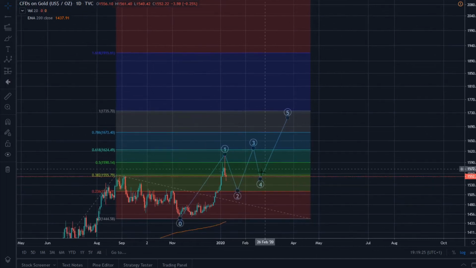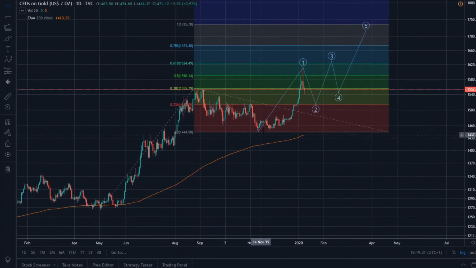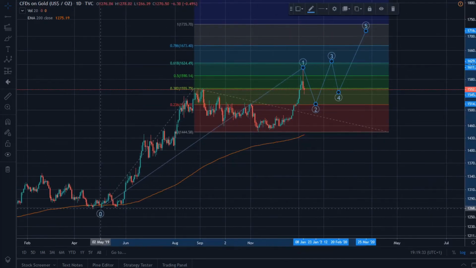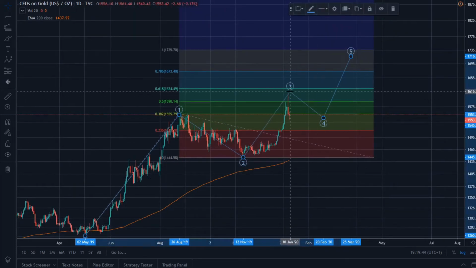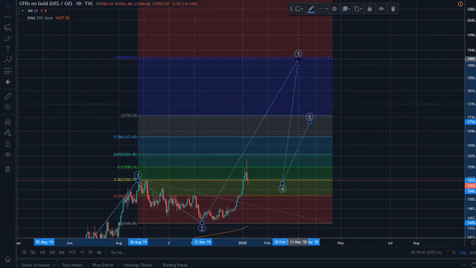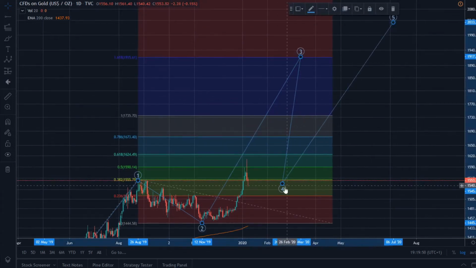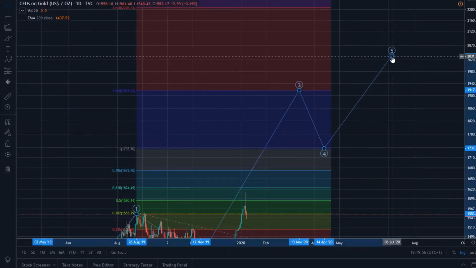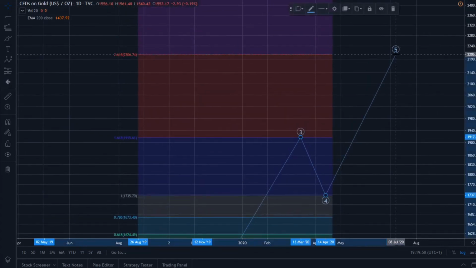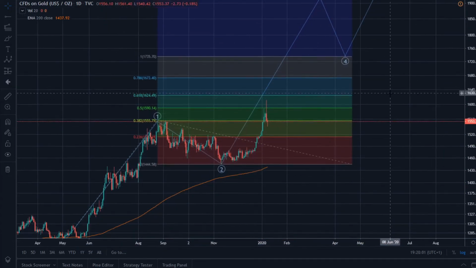So we have to get this all in perspective. This was the 1, this the 2, and this 3 is running, so this is not finished yet. So this would put a 3 all the way up here, maybe a wave 4 into this 1735 range, and a wave 5 all the way up at $2,200. So this is a perfectly viable scenario for gold right now, yeah.